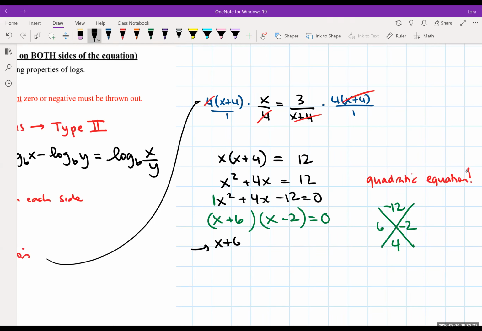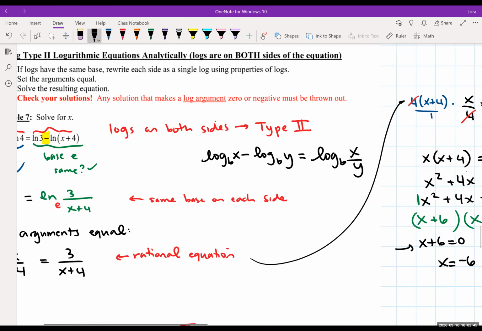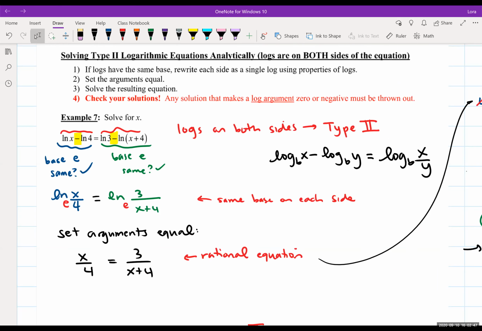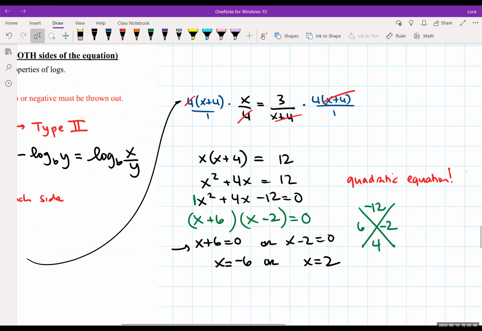x plus 6 equals 0, or x minus 2 equals 0, which gives us x equals negative 6, or x equals positive 2. So before we circle our answers, we have to remember what we were trying to solve in the first place. Go back, go back, go back. A log equation. So don't forget, check.